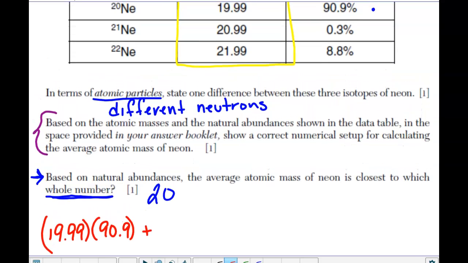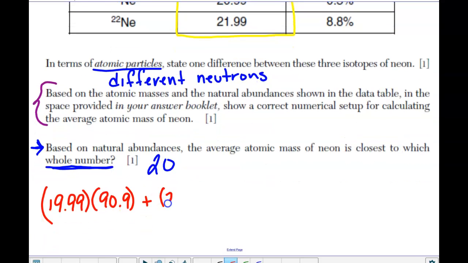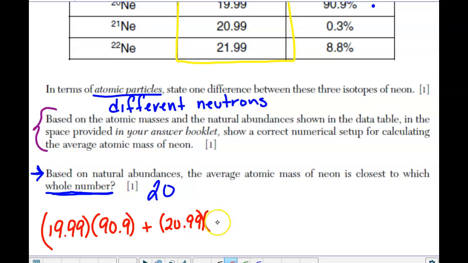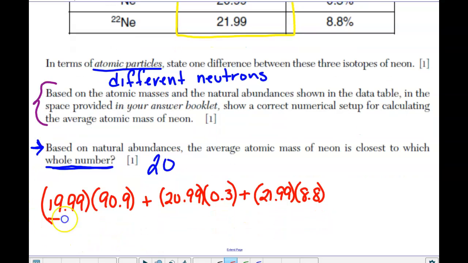We're going to keep going. 20.99 times the relative abundance, which is 0.3%, plus our last isotope is 21.99 for the mass and 8.8 for the percent. And then at the end, all divided by 100.